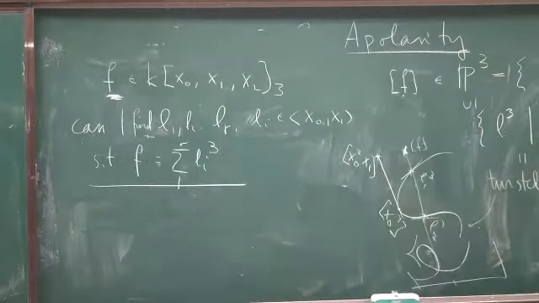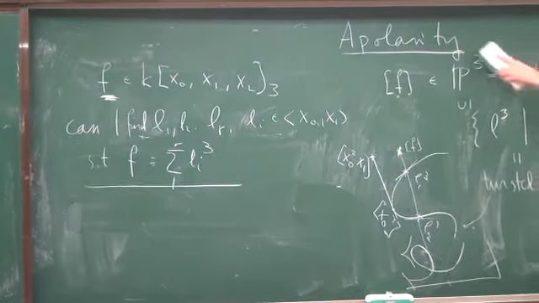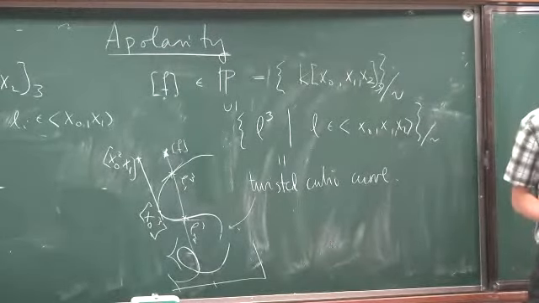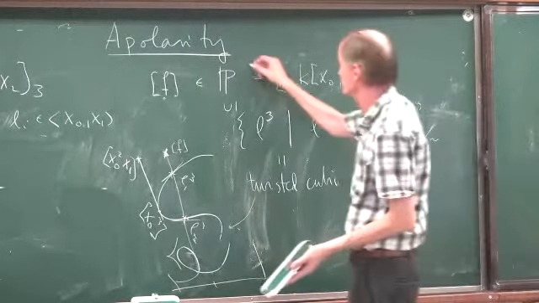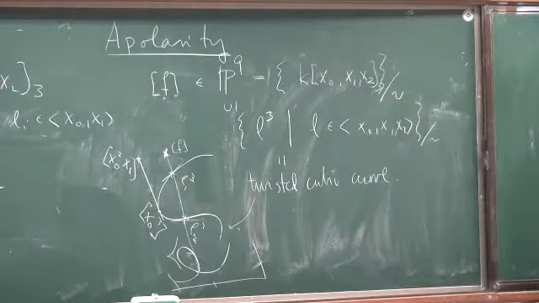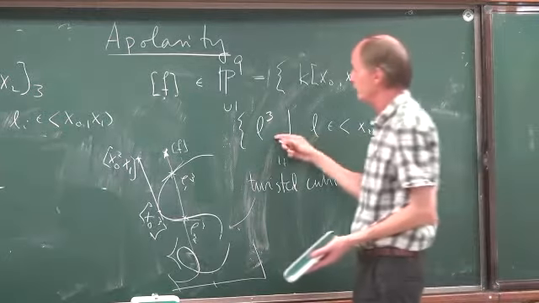Well, I would then go to x2, and it still is cubic forms, but this is no longer a P3, it's a bigger space, it's a P9. I have 10 coefficients. This is the P9, right?